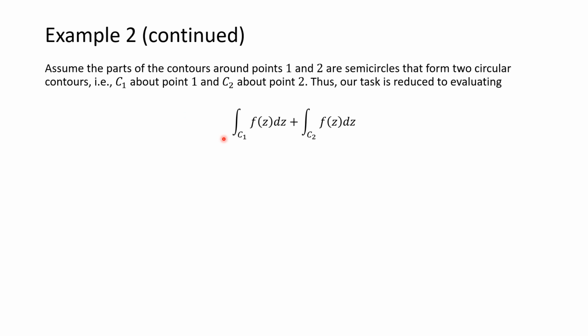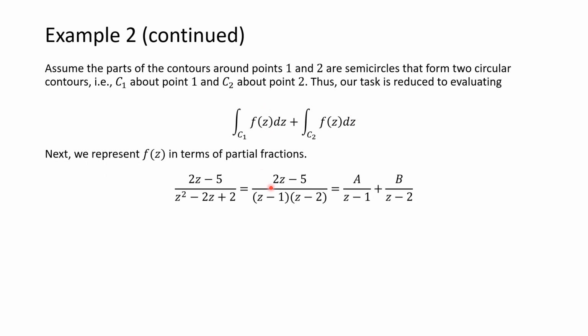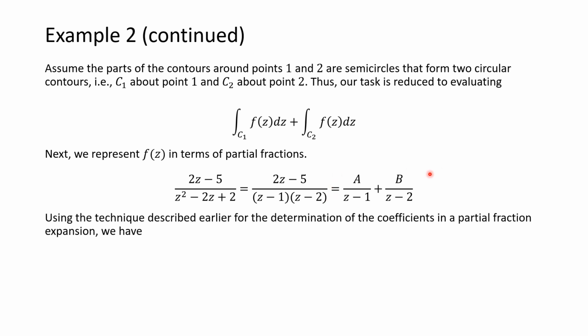Okay, so the two circles that we had in the previous slide: this C sub 1 was about the point 1, singularity 1 of f of z, and then this C sub 2 was about the singularity at point 2. So what we do is we represent our function. This is our f of z. We've already factored it earlier, and then we try to write it in terms of partial fractions. If you remember, we had a technique from several lessons ago where we can find the values of a and b by taking limits.